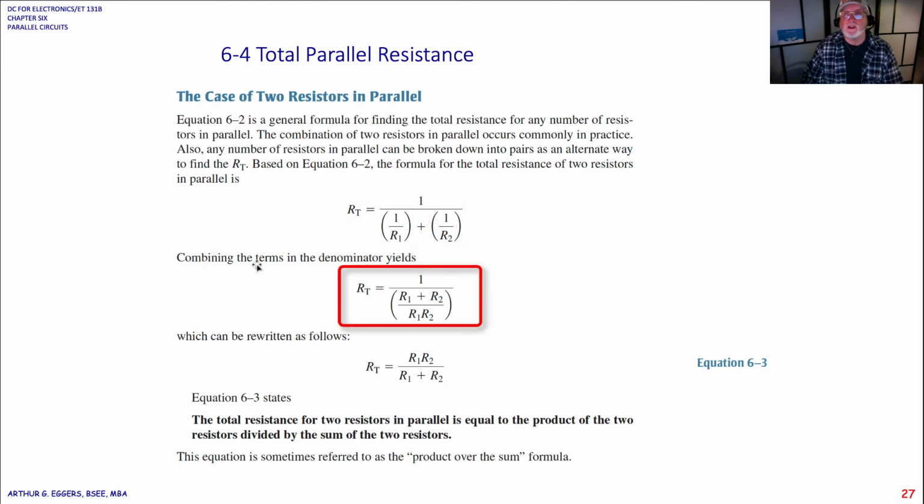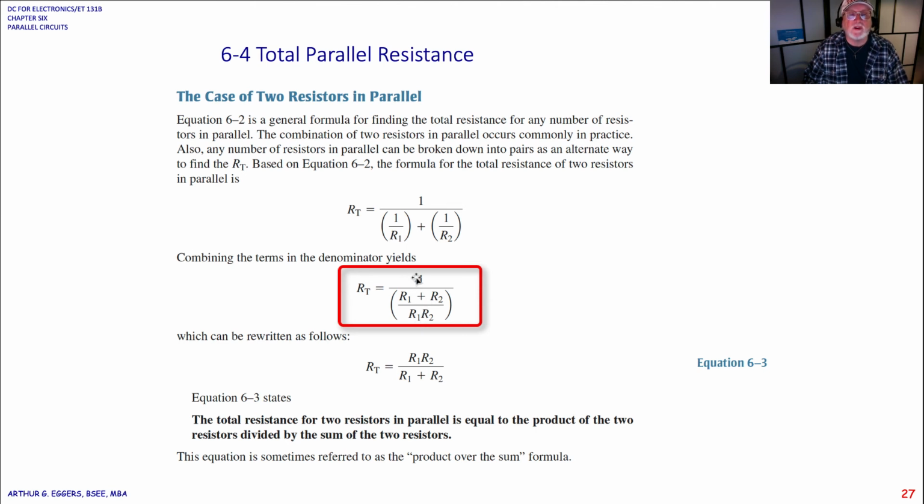So combining the terms in the denominator, all we're doing is cross-multiplying. We're multiplying both of these expressions by R2 and R1. And so when we cross-multiply in the denominator, we end up with R1 plus R2 divided by the product. So we have a sum over a product.